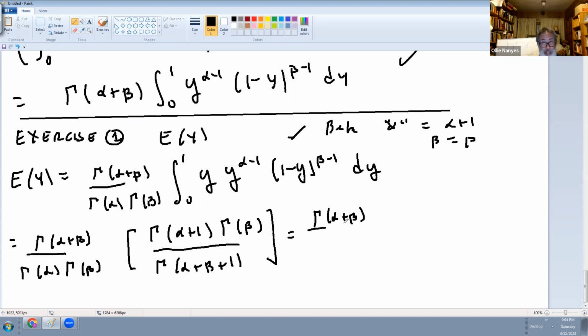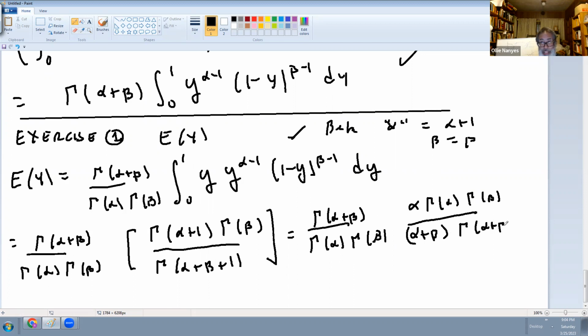Just use the calculational property of the gamma function. This gamma function right here is going to be alpha times gamma of alpha. This part right here is going to be alpha plus beta multiplied by gamma of alpha plus beta.